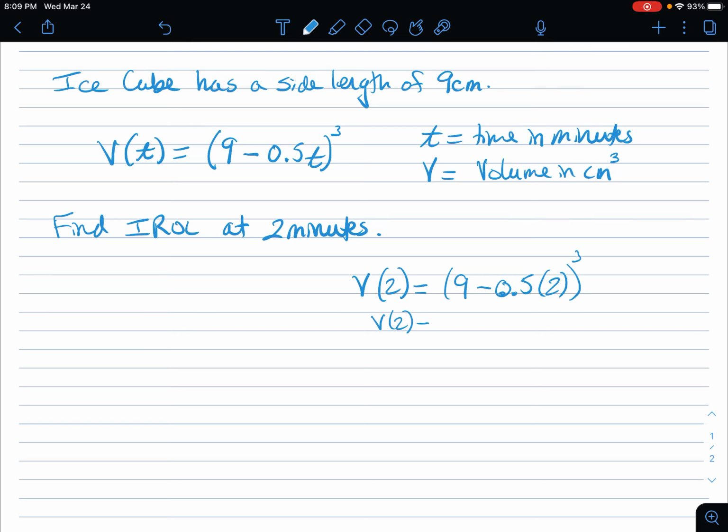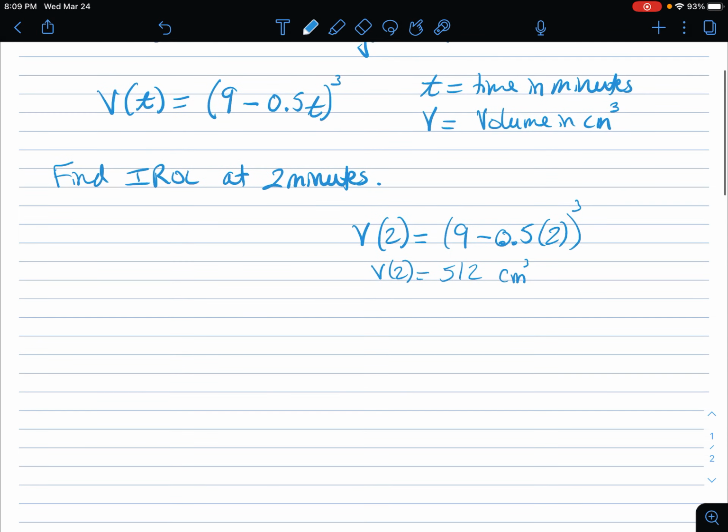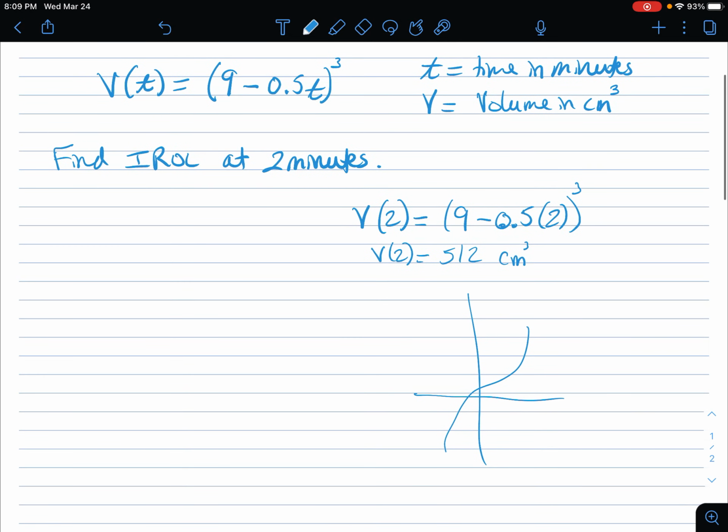So V of 2 is 512. That would be the volume in cubic centimeters. We do see that we have a cubic, and we can talk a little bit about the standard cubic function and what's happening with this. But let's see what we can find out at 2 minutes.